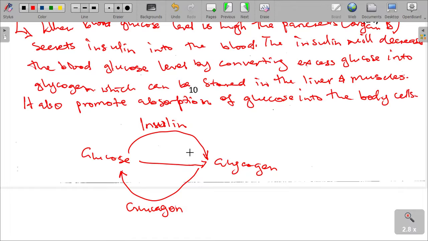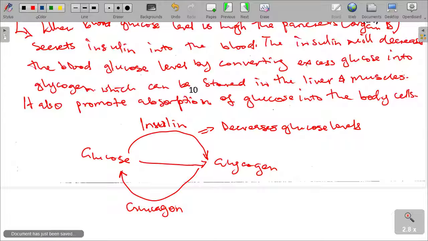What you should understand is that insulin decreases glucose levels by converting it into glycogen. And then glucagon actually increases glucose level.